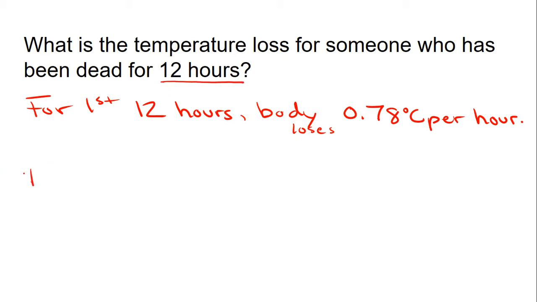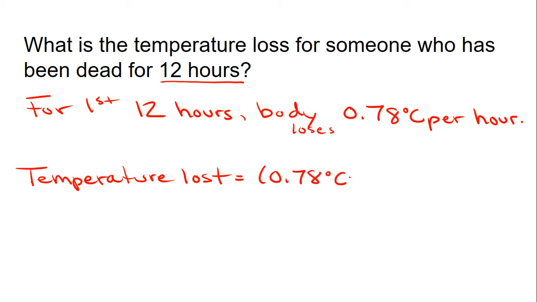So if we're looking for the temperature lost, it would be 0.78 degrees Celsius per hour times the number of hours. If you took chemistry class, you remember the whole picket fences thing where we're getting rid of units.